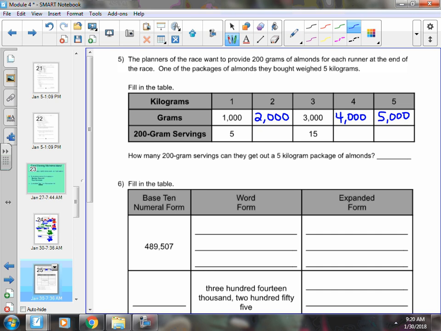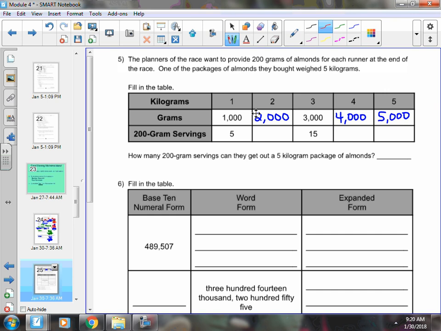So if you look at the first one, they did it for us. I know that there are 5 200s in 1,000. 200, 400, 600, 800, 1,000. So in each kilogram, if you divide it by 200, there are 5 200s in each kilogram. Okay? 200 plus 200 plus 200 plus 200 plus 200 is 1,000.